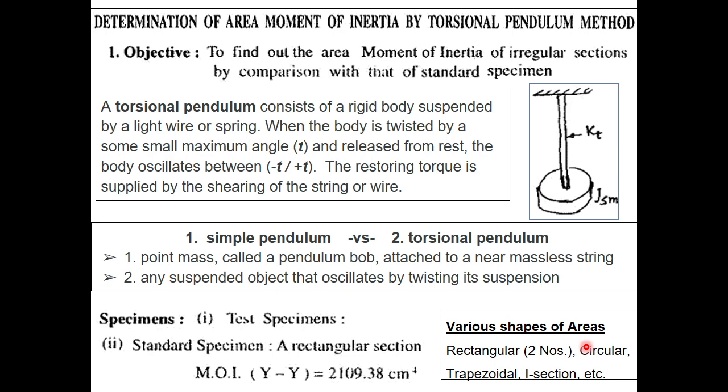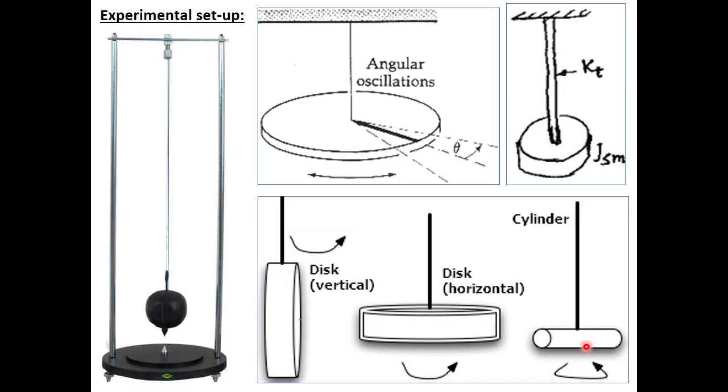What is the technique we are using? For the standard specimen, we can hang it like this. It will hang like this, not in a horizontal position. In a horizontal way it will not oscillate, so we will hang that standard specimen vertically, about the principal axis.